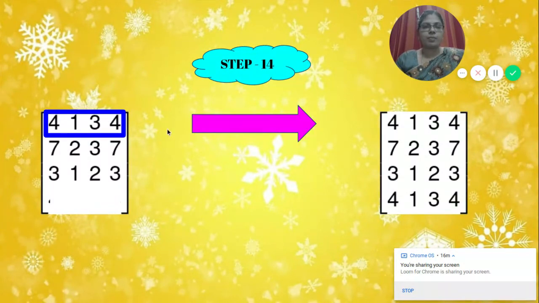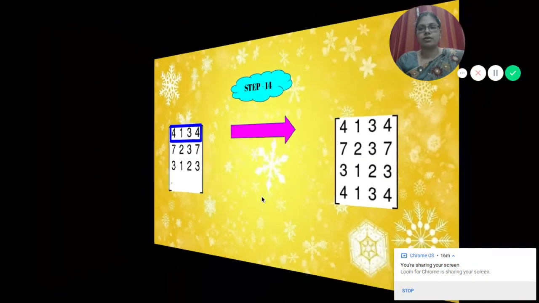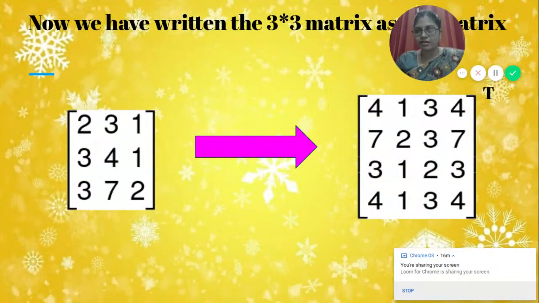Now I have copied the first row and written it as it is in the fourth row. So my first row and my last row are the same. Now we have transformed the 3 cross 3 matrix into the 4 cross 4 matrix.